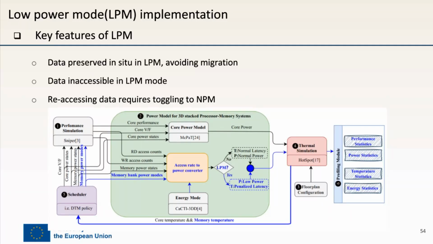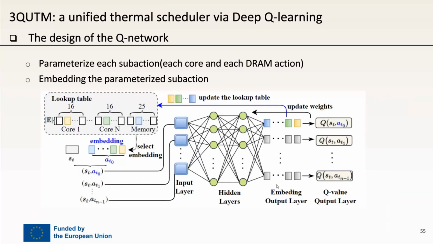Then how do we propose a unified scheduler? On the one hand, we should do DVFS for the cores, and on the other hand, we apply the low power mode to the memory banks. We devise a deep Q-learning method to do that. Because the design space is huge and exponentially large, we use an embedding space to compress this design space.